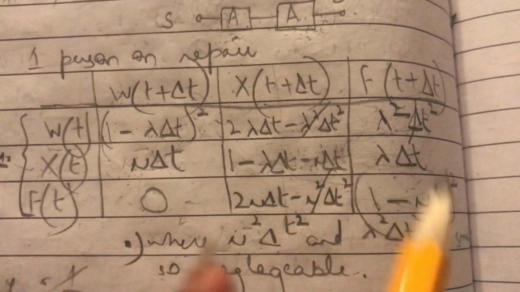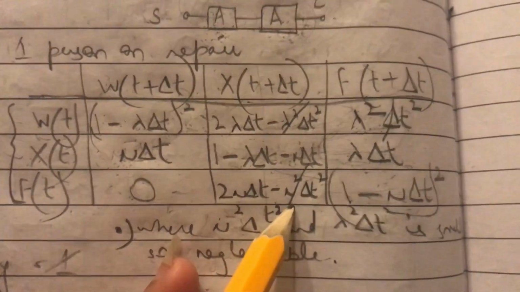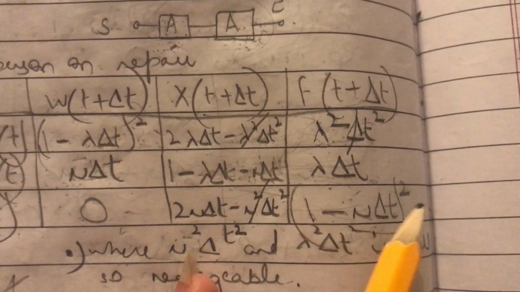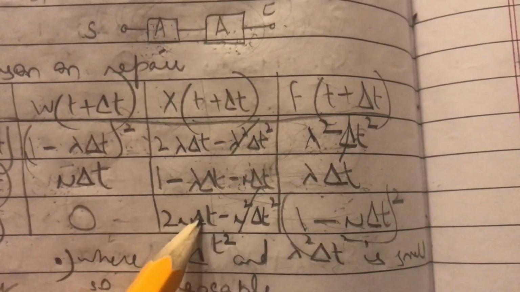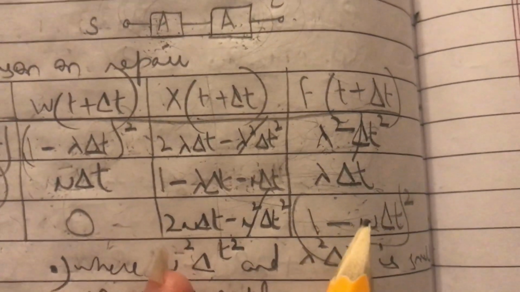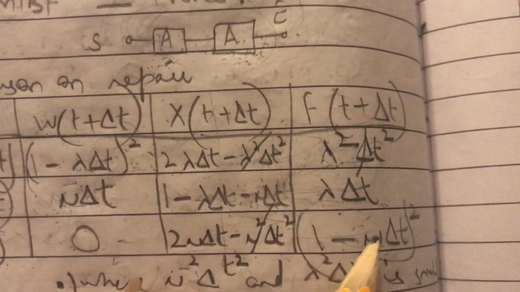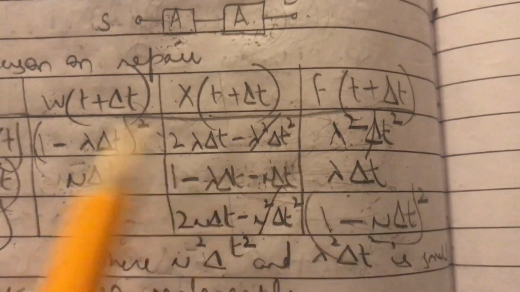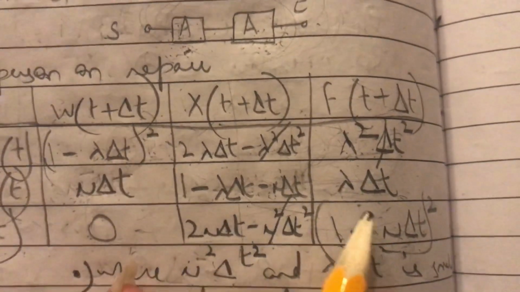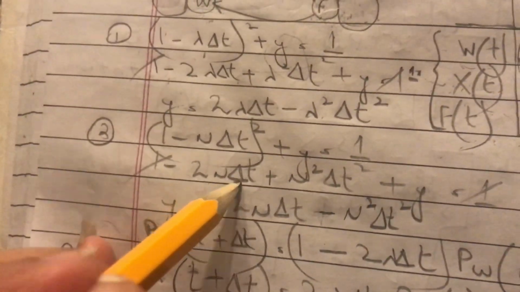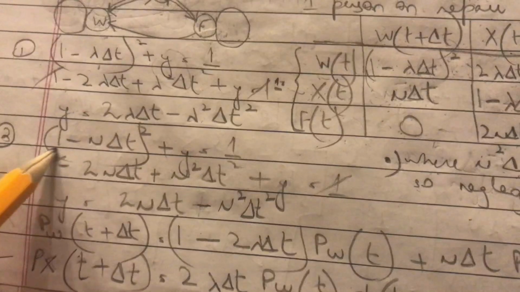Now for this one, we have neglected here mu square delta t square, so 2 mu delta t, 1 minus 2 mu delta t. So this goes away, 2 mu delta t and 2 mu delta t, this and this go away, what remains? 1.